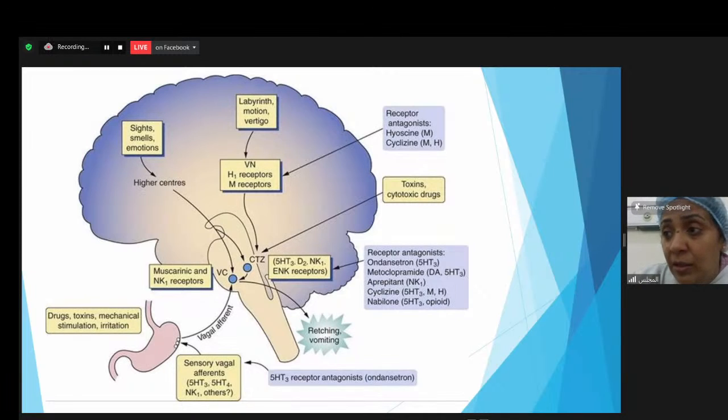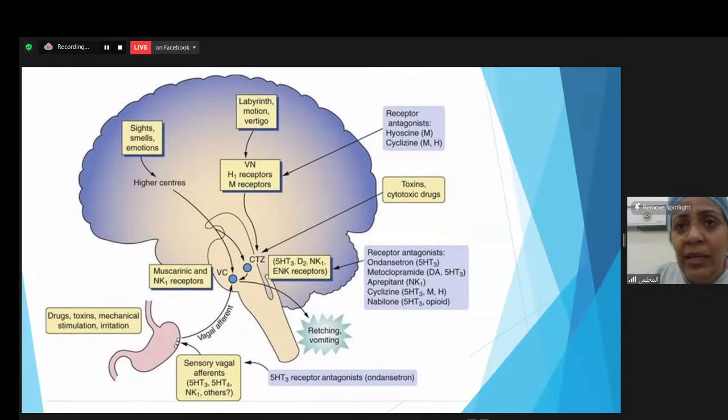So this nausea is triggered by the chemoreceptor trigger zone. It is found outside the blood-brain barrier, and it is very sensitive to whatever drugs and toxins you are giving intravenously, including the chemotherapy that you give for cancer patients.